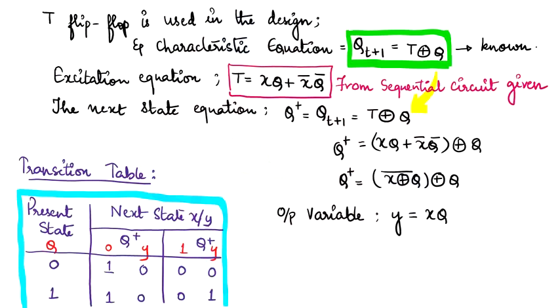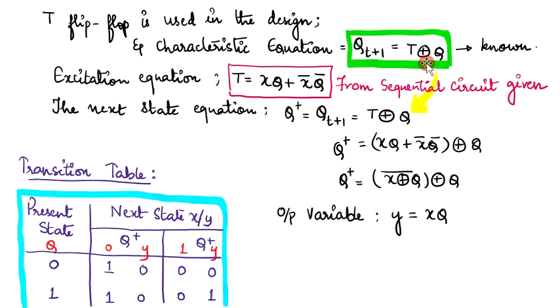The second step is to identify which type of flip-flop. Clearly it is mentioned in the question. It's a T flip-flop, and we should be knowing the characteristic equation of the T flip-flop. That is Q(t+1) is equal to T XORed with Q.